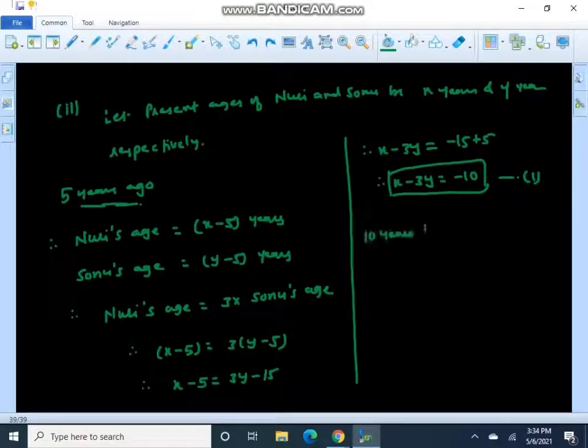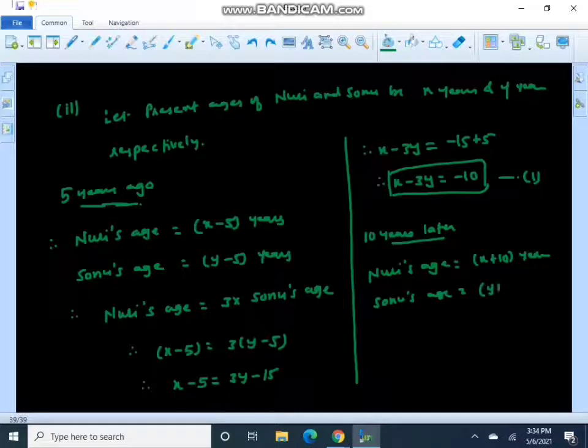Okay, now 10 years later. What will be Nuri's age? x plus 10 years. Similarly, Sonu's age will be y plus 10 years.